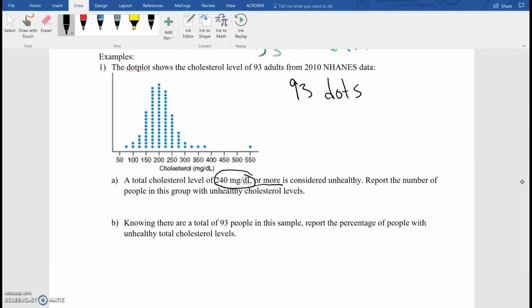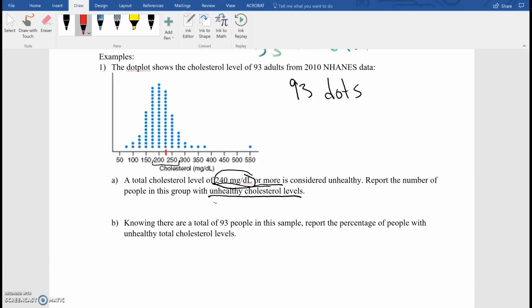What are we asking for? The number of people who are unhealthy. How do we know who's unhealthy? They have to have a level of 240 or more. So 240 is going to be somewhere between these two numbers, 200 and 250. This number is the middle number between 200 and 250.